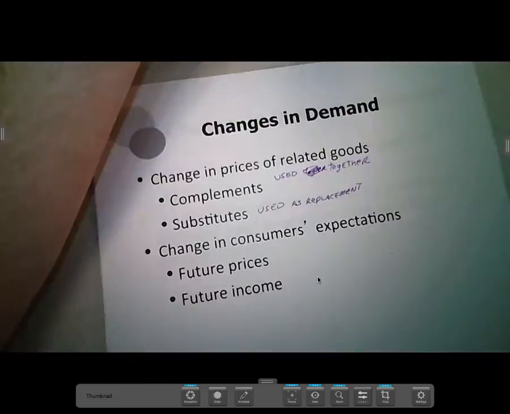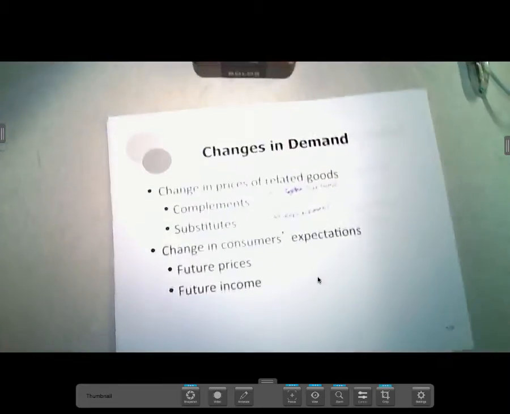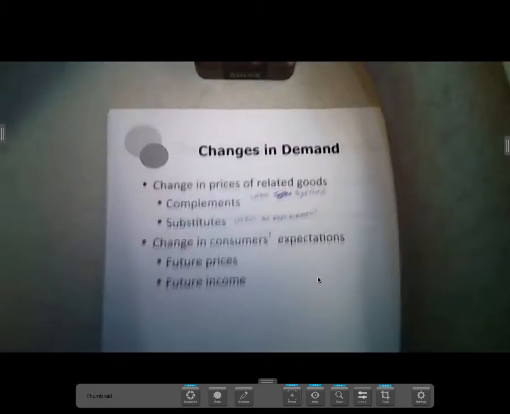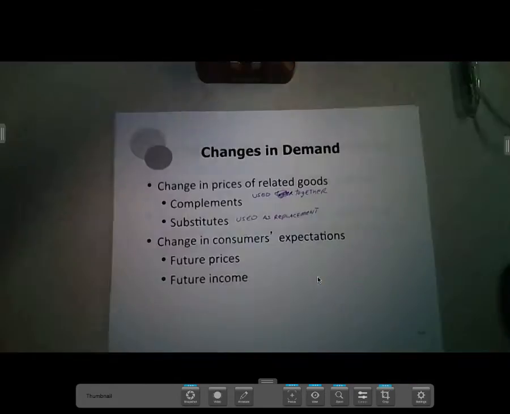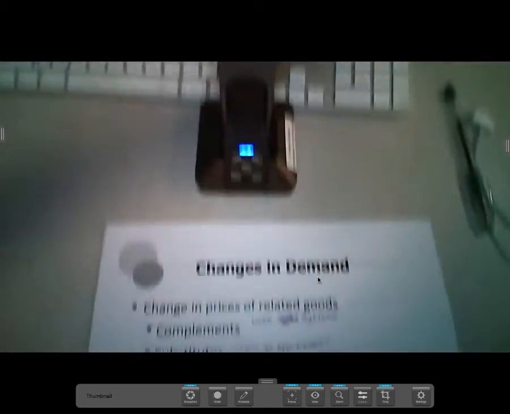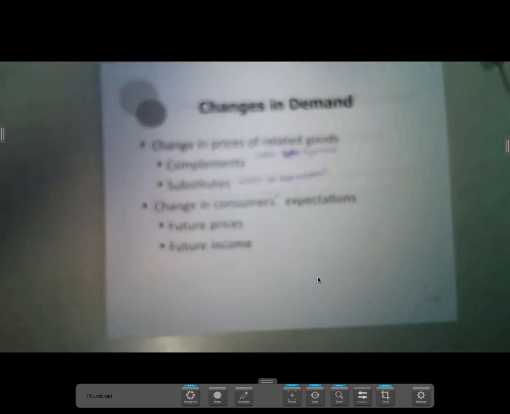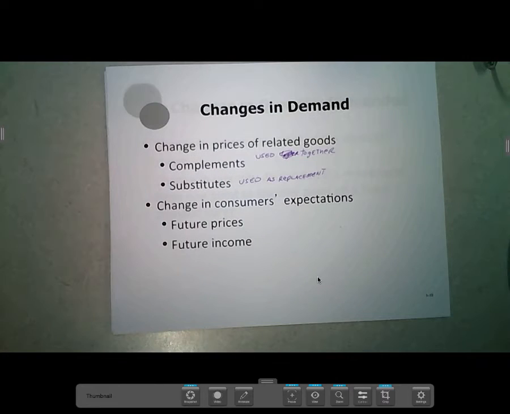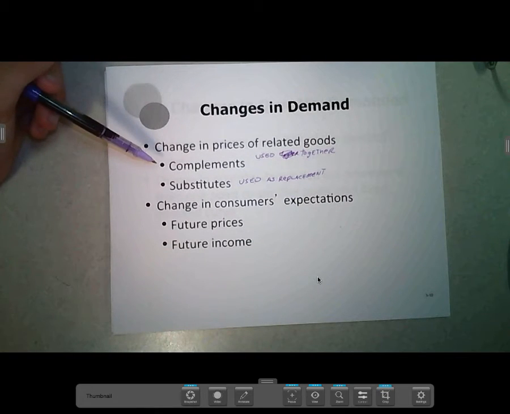So if I tell people that they're going to buy more bicycles, then people will buy more helmets because they are buying more bicycles.